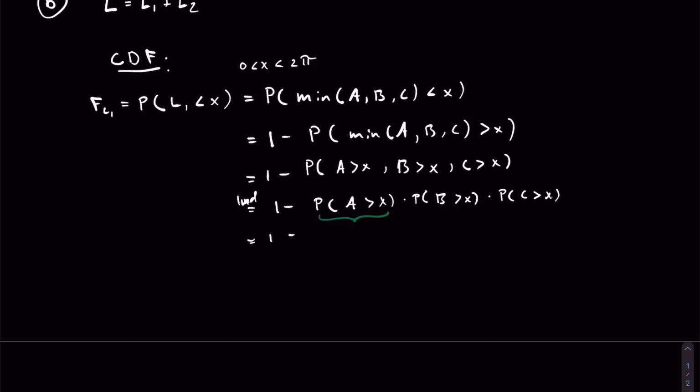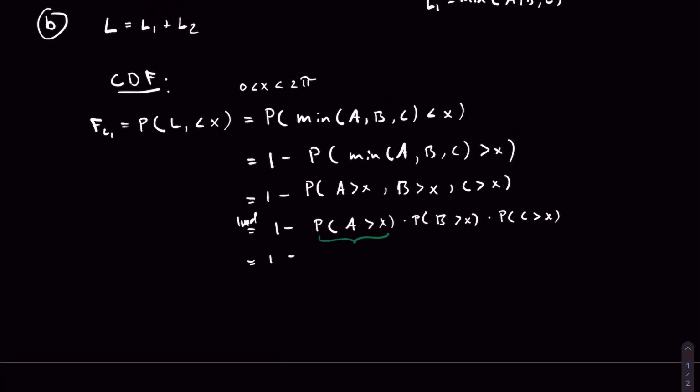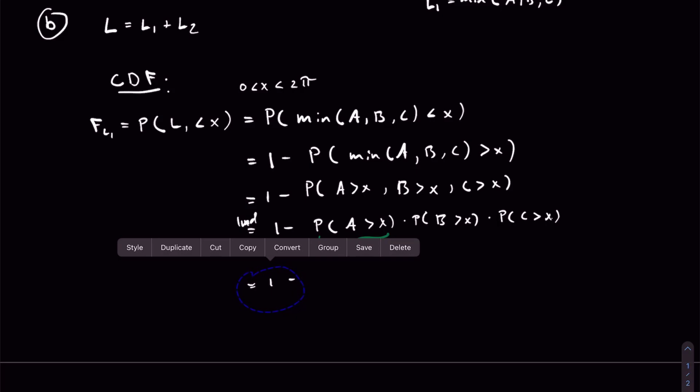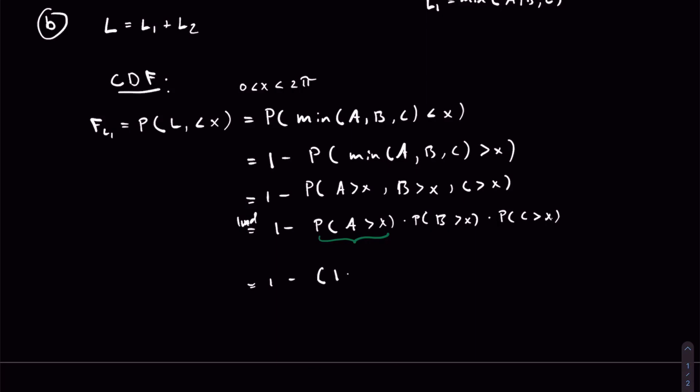Well, the probability of A being larger than X, when you think about this being a uniform random variable, and it's larger than X, so it has to be 1 minus X divided by 2 pi.